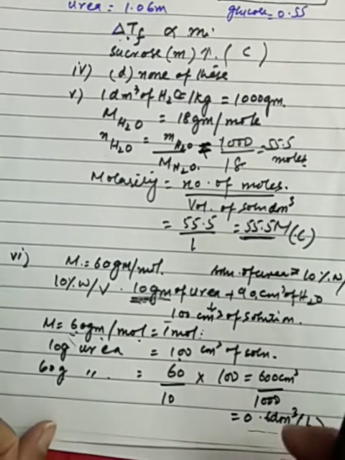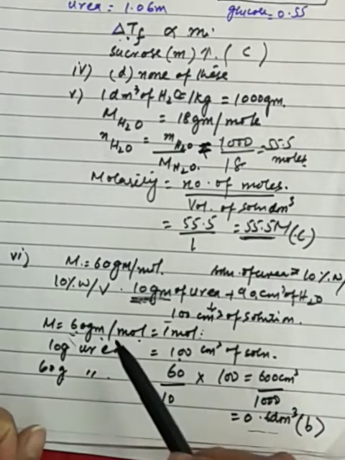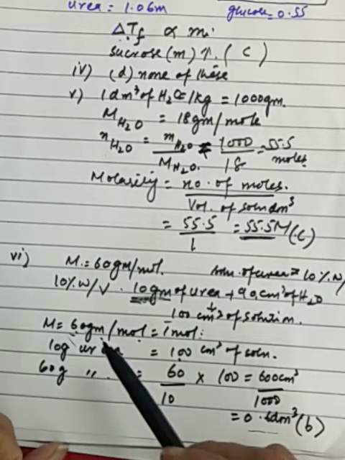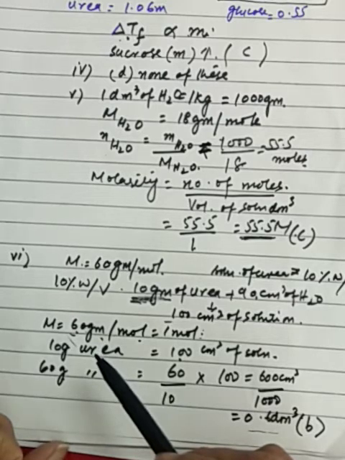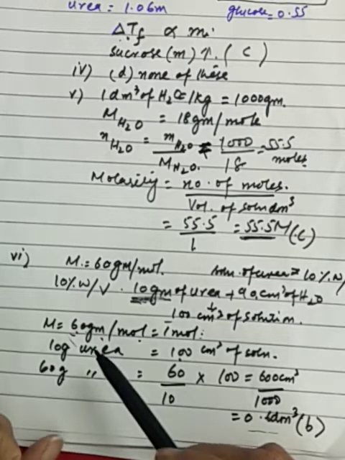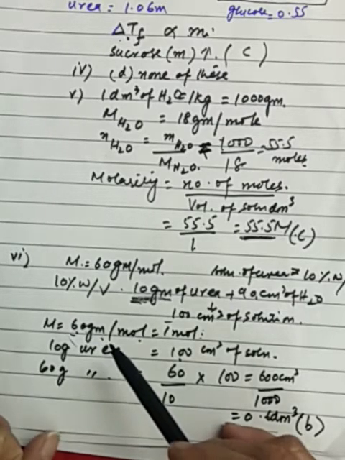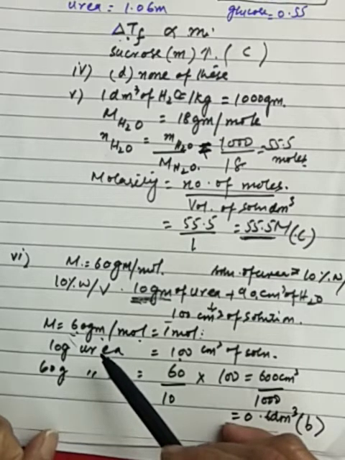Now the part number 6 is the solubility of the substance. Now boys, a solution of urea, molecular weight is 60 and it is 10% volume by weight.